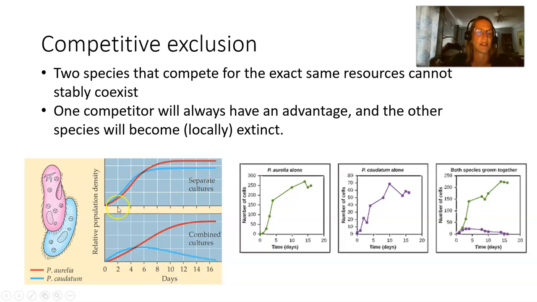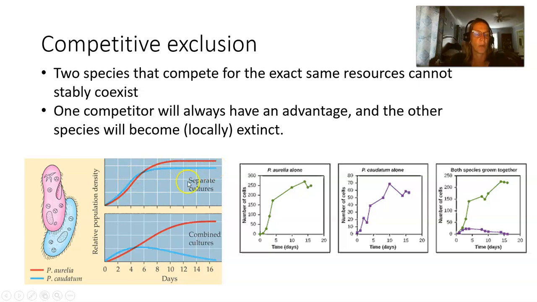Okay, so this is over time, and over time, if you put a couple of paramecia of P. aurelia, the population's going to grow, and eventually it's going to stabilize. Same thing happens if you put P. caudatum in a petri dish by itself with a bunch of food. It's going to grow and then it's going to stabilize.